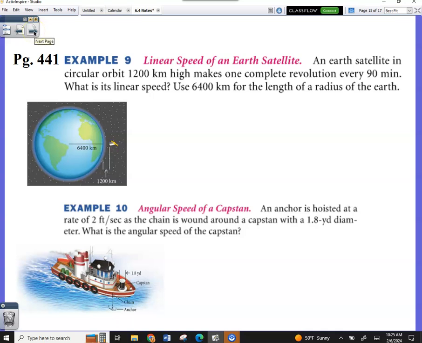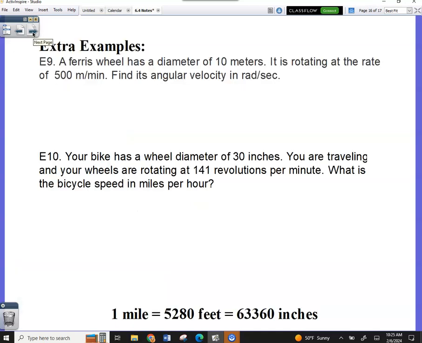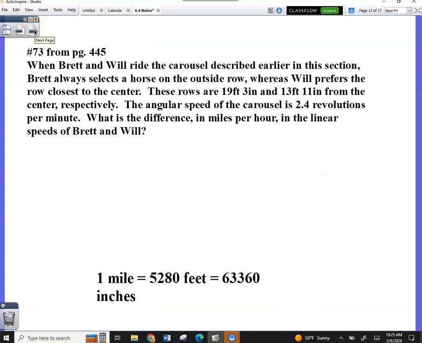And then we have 5 practice problems. I didn't feel like that was enough. And we will practice converting from one form to another. So that's the end of 6-4 for tomorrow that we'll do, okay?